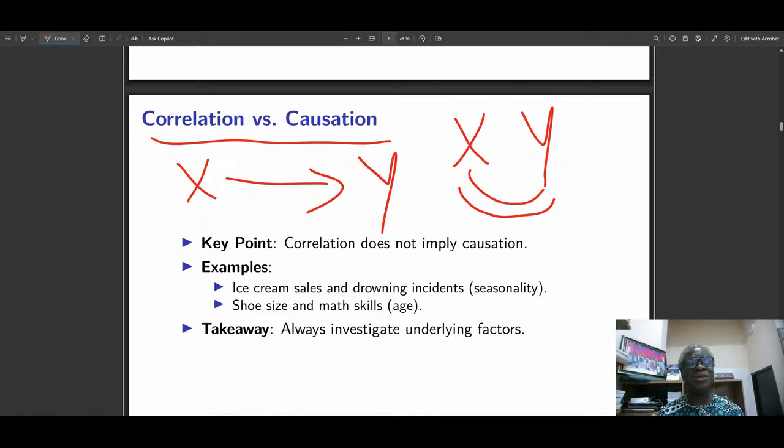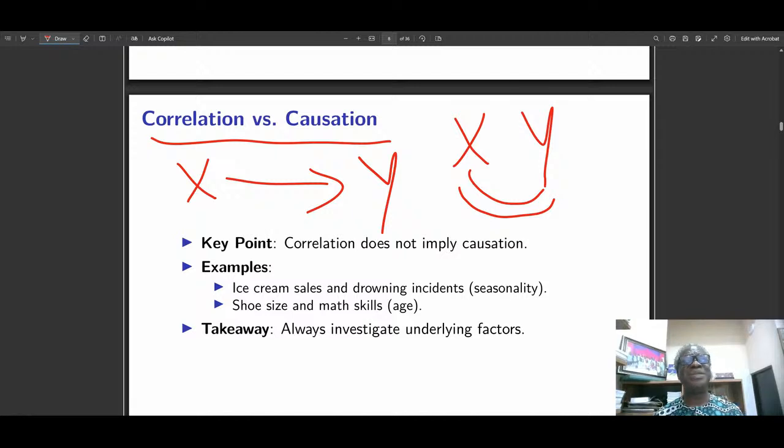There might be a superficial kind of relationship, because the two will possibly occur during the wet season, the rainy season. And it would be wrong to conclude that high sales or low sales of ice cream is responsible for low drowning incidents or vice versa.